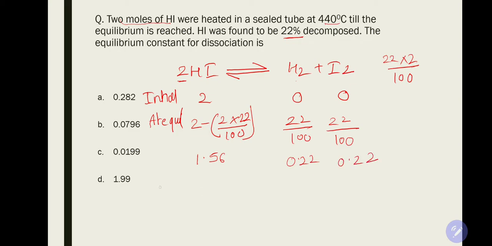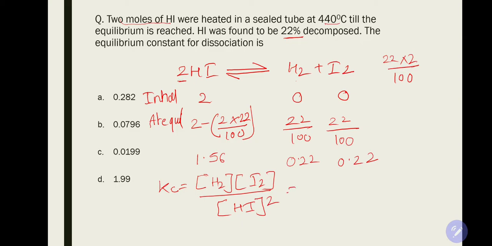Now substitute it in the equilibrium constant, that is Kc is equal to the concentration of the product, that is H2 and I2, upon the concentration of the reactant, that is HI, squared, because the stoichiometric coefficient is 2.